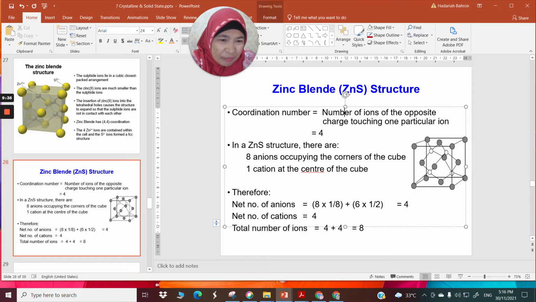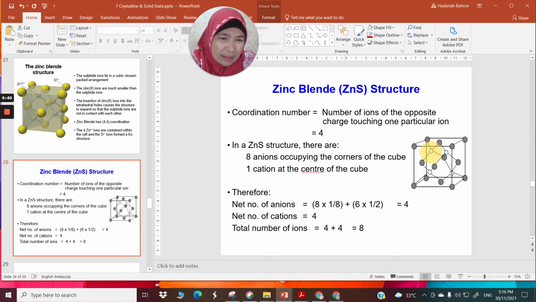Can you see here that if we take that zinc ion there, it is touching 1, 2, 3, and 4 sulfide. So the coordination number of zinc is 4. And similarly, if you take this sulfide right there, it is touching 4 zinc. So it is 4:4.